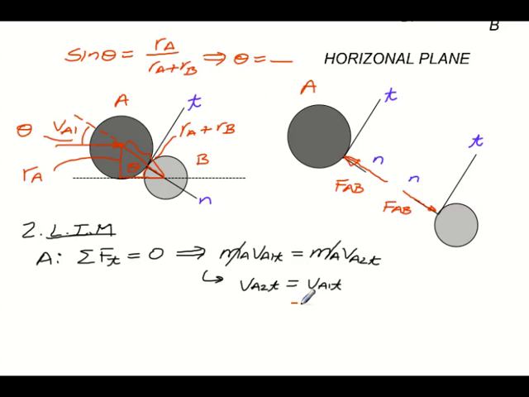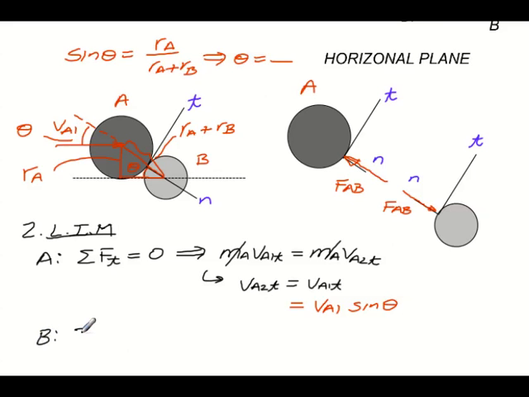So what this says is that VA1T is equal to the initial speed itself projected along the T direction, which is going to be sine of theta. We do the same thing for B.